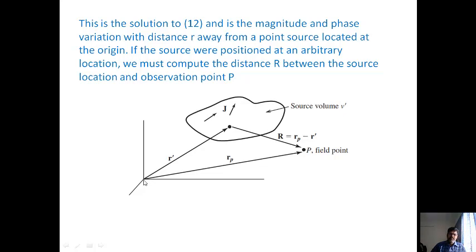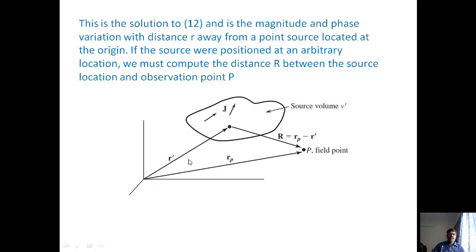Let us say this is the source, this is the origin, this is the volumetric source which has J, a conduction current density, as the source here. The source is located at a distance of r prime from the origin, where r prime is the position vector which represents the position of the source with respect to the origin.